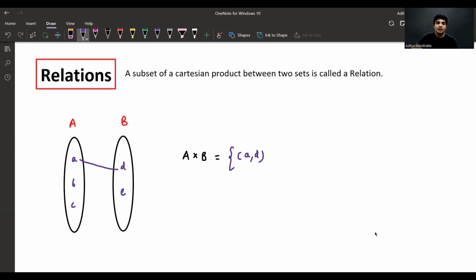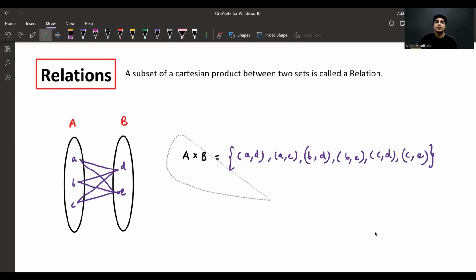So a related to d, a related to e, that would be another element of this set. b related to d, b related to e, c related to d, and lastly, c related to e. That is the set A cross B.